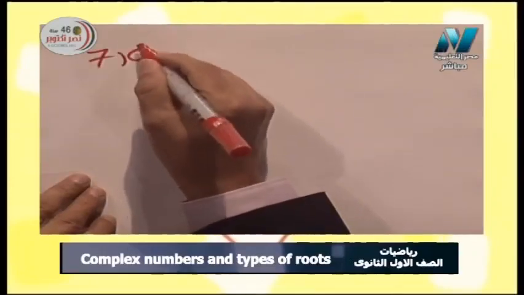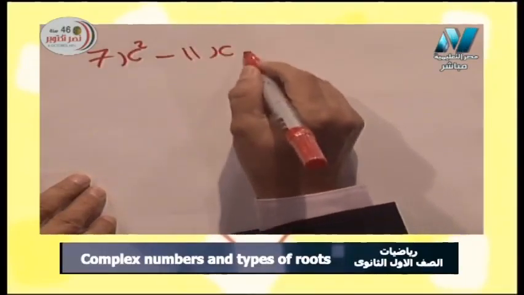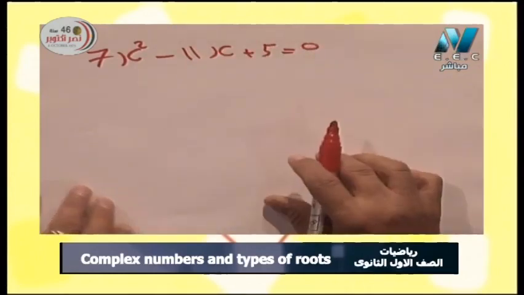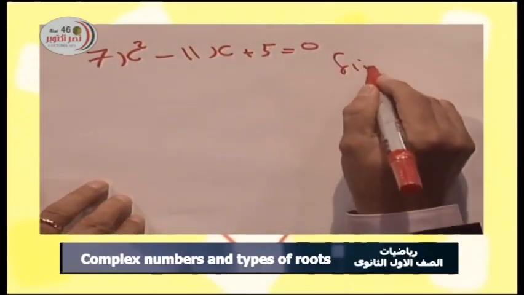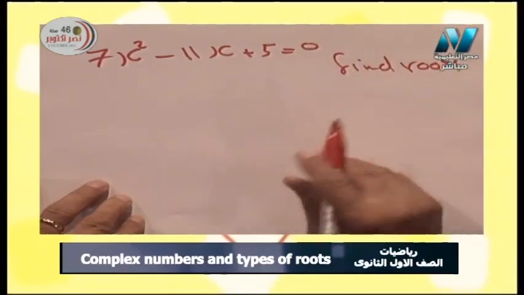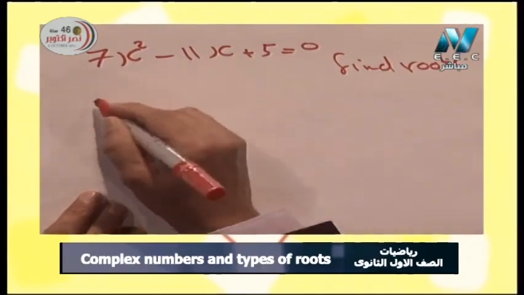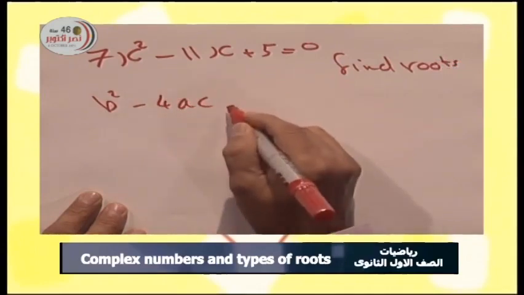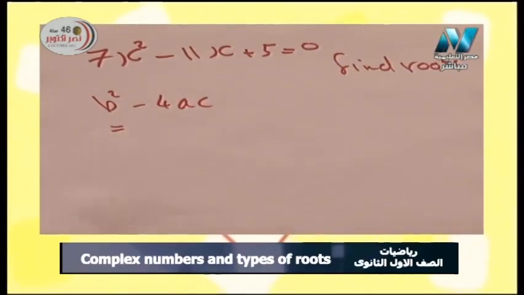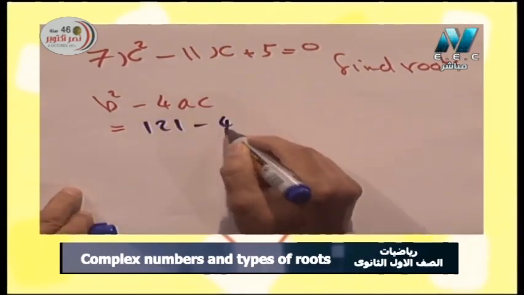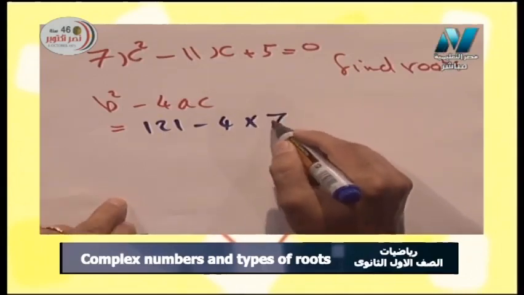Okay, we have another example here. Determine the two roots of the equation 7x² minus 11x plus 5 equals 0. We find the discriminant b² minus 4ac. b² will be 121 minus 4 times 7 times 5.